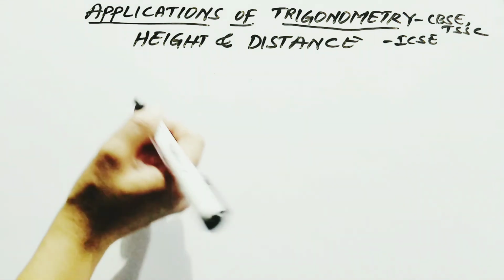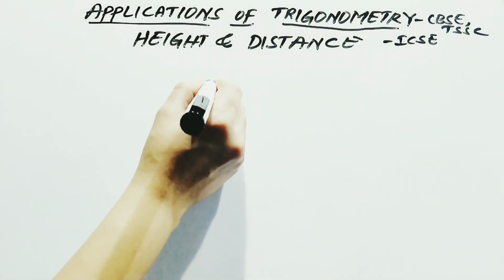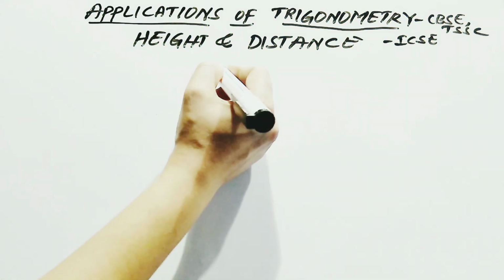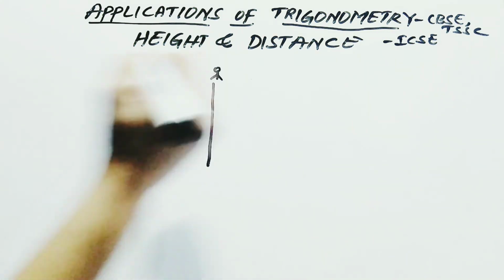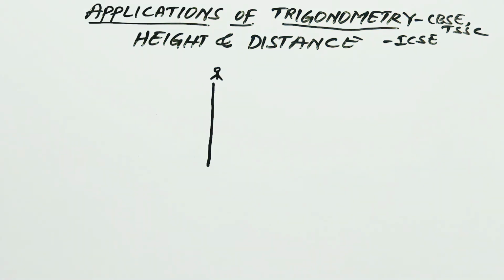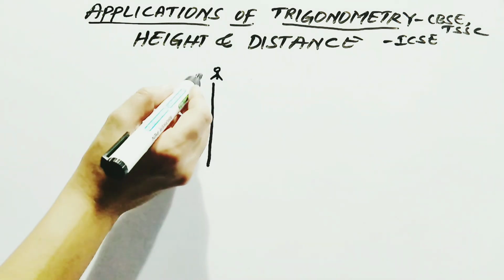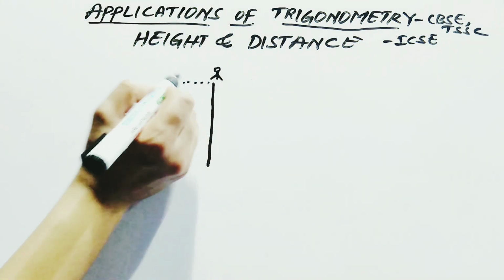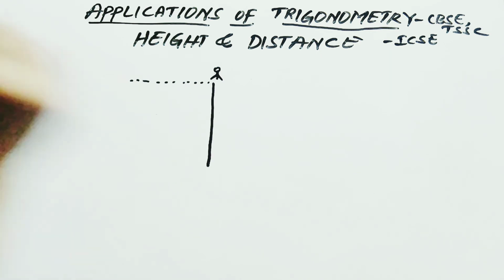Then assume that this is the same tower, and the observer is standing at the top of the tower. If a person is standing, what is his eye level? Eye level is nothing but your horizontal line.